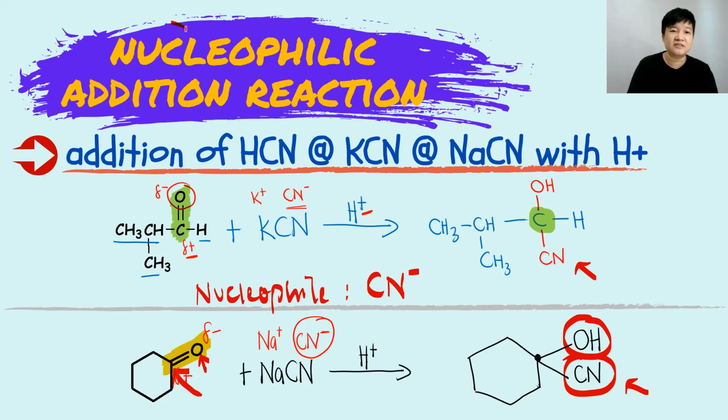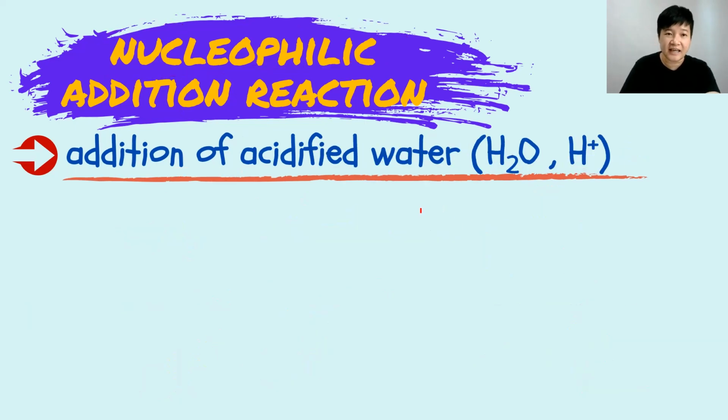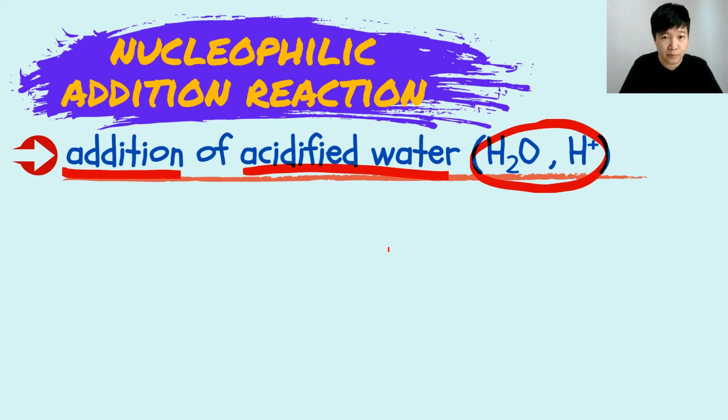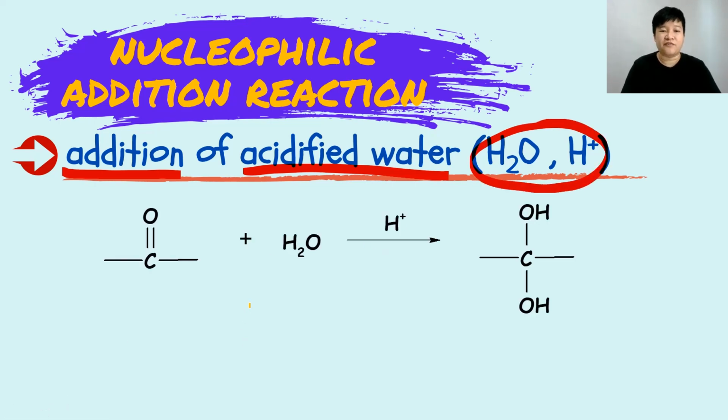That is the first nucleophilic addition that we look at. Let's move to the second nucleophilic addition. The second nucleophilic addition is the addition of acidified water, which means you are using H2O, H+. Same thing, we focus only on one person, the carbon holding the double bond O. Your oxygen is again partially negative, your carbon again partially positive.